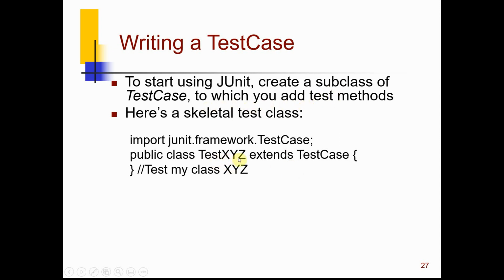So this test XYZ extends the test case, which is a subclass of the test case, and then JUnit will know that you are going to test the XYZ class. When you add this test keyword, then JUnit knows that this class serves as the main function of XYZ.